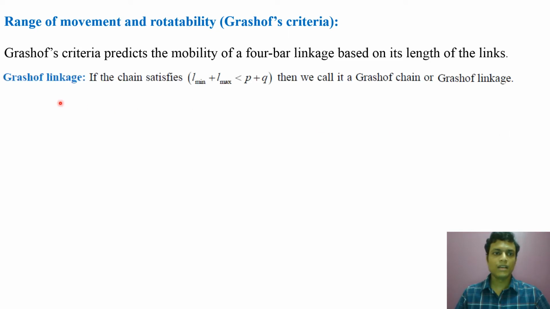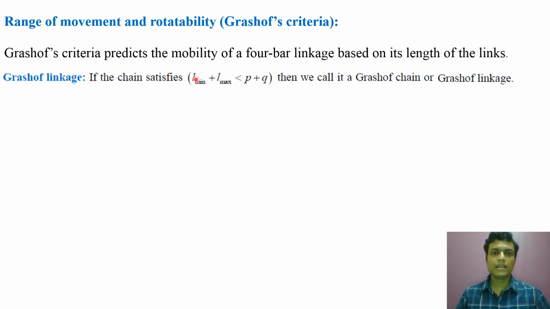Okay, so let us see what is a Grashof linkage. If a chain satisfies this condition, that is L plus L max is less than P plus Q, then we call it a Grashof chain or Grashof linkage. Now let me explain the significance of this equation.